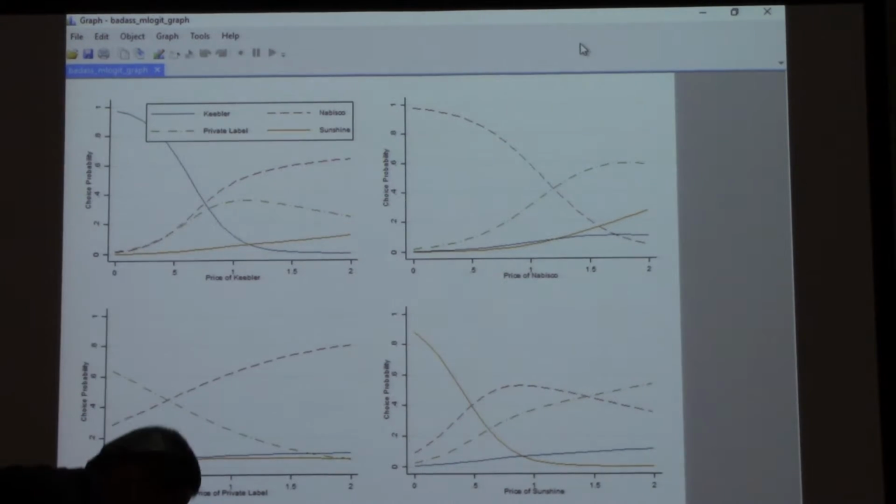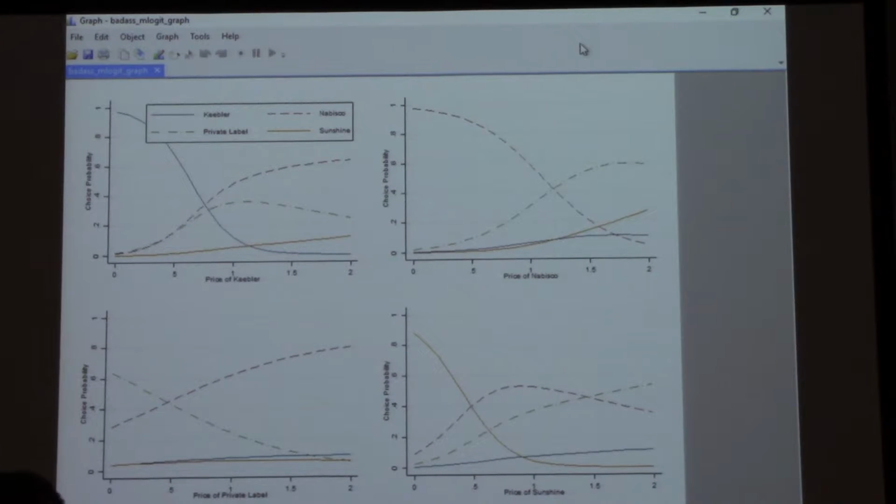So this isn't just telling us that the probability of selling our brand decreases as price increases; that falls into the obvious category. Although it's nice to have that visual and to be able to quantify that, this is telling us where our sales are going. What are people buying when they're not buying our stuff? As we raise our price, where are those sales going?